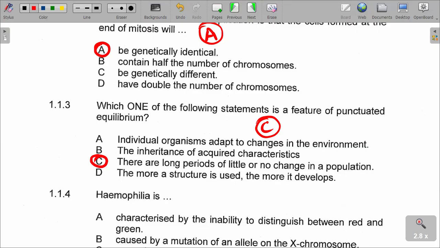This contrasts with the idea of slow, continuous evolutionary change, which is gradualism. So punctuated equilibrium is defined with letter C.